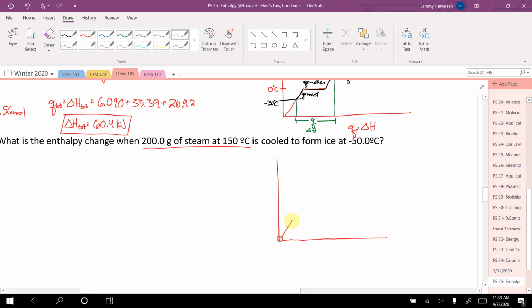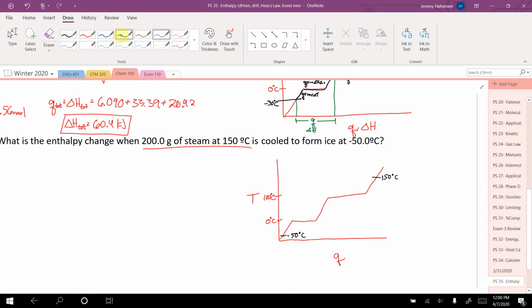Oh man, let me draw straight lines. So we're starting as steam at 150. I want to go to ice at negative 50.